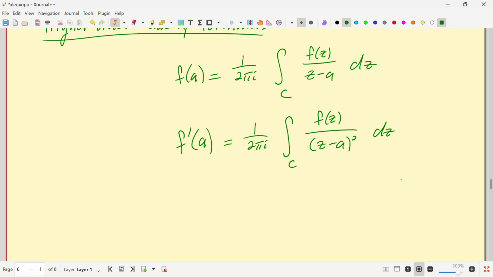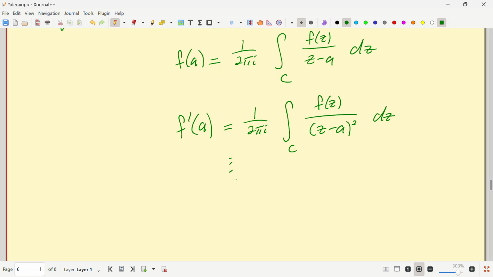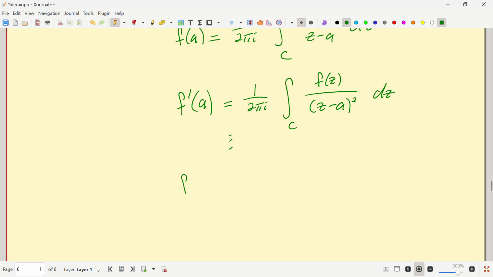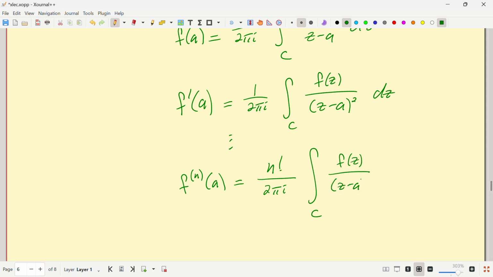By the way, I can repeat this. As you repeat it, you would get that the nth derivative at a is n factorial over 2 pi i, repeatedly differentiating under the integral sign, integral of f of z over z minus a to the n plus 1 dz.